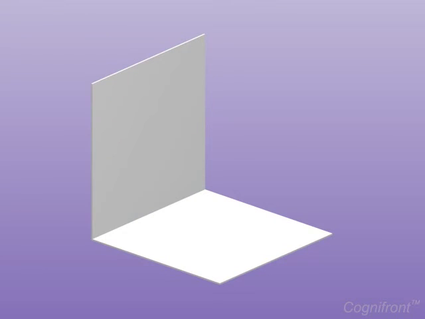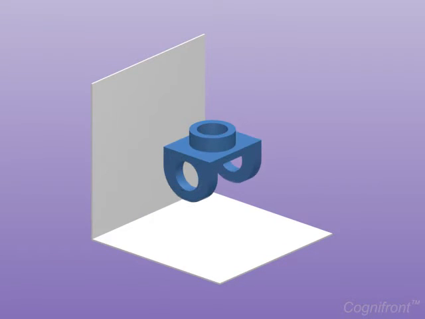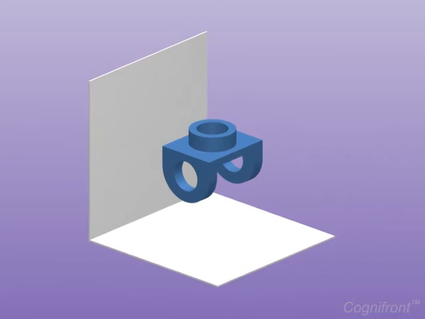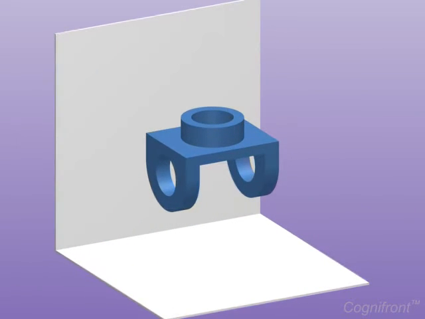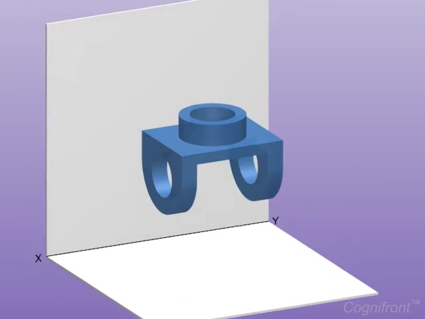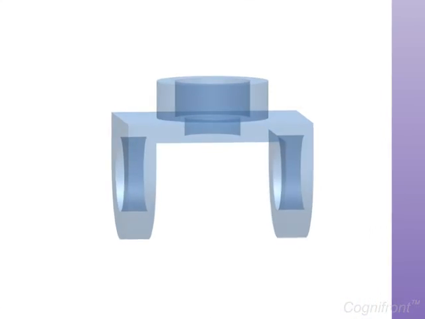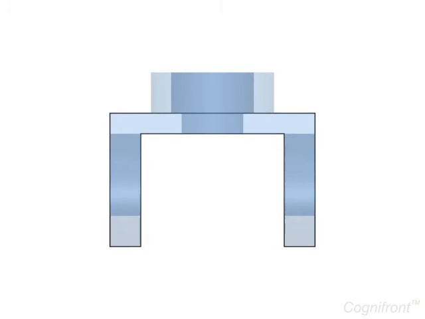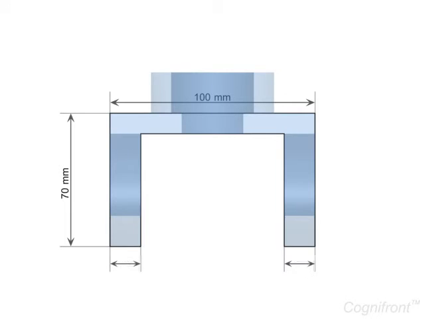My friends, let's now create orthogonal views of this machine bracket as seen in the direction of the arrow. So, draw a horizontal reference line XY. Observe, from the front side, the bracket appears to be a rectangular slot of size 100 mm by 70 mm and its thickness is 15 mm on each side.